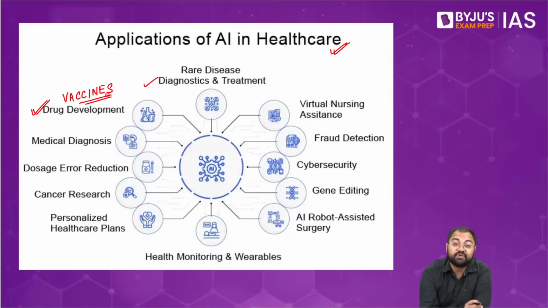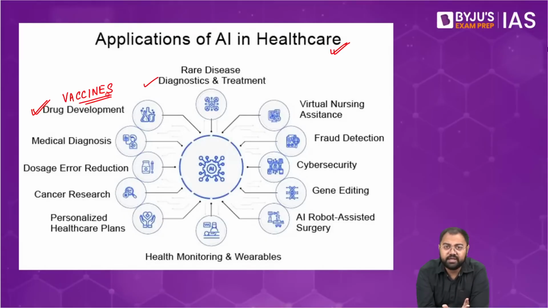One of the reasons why COVID-19 vaccines were released so quickly also has been artificial intelligence. Because generally, a new vaccine could take up to 10 years, or even 20, 30 years at times, to be ready. This time we saw that the vaccine was ready in 9 to 12 months.